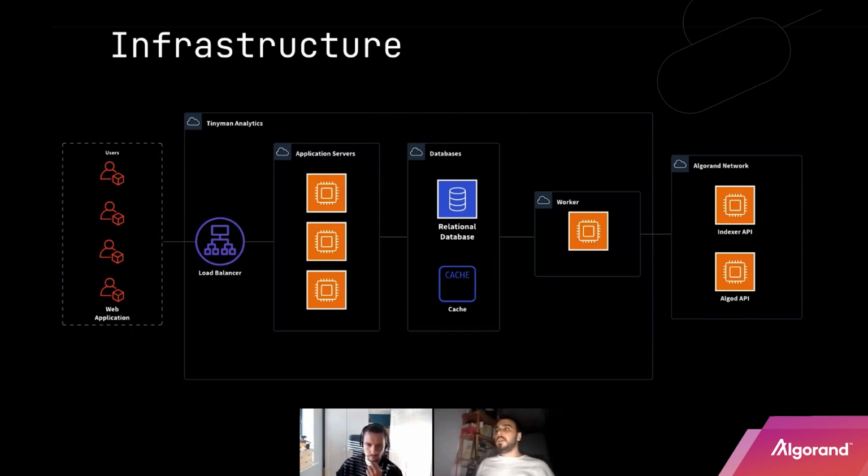This worker collects the data gathered from the Algorand network and writes it directly to our relational database. We only keep our important data in the relational database. We just use cache for having a more performant service. On the front-end side, our users might be a web app user or an SDK, a blockchain user.